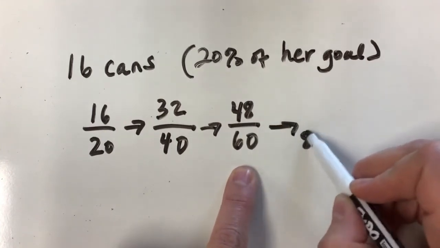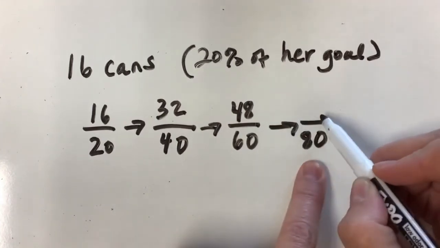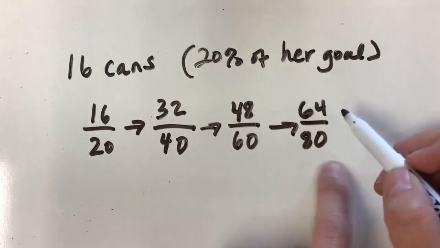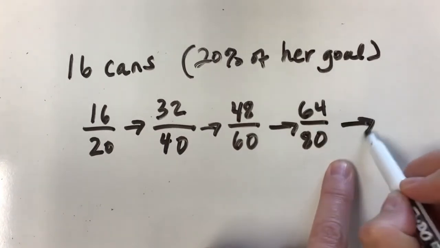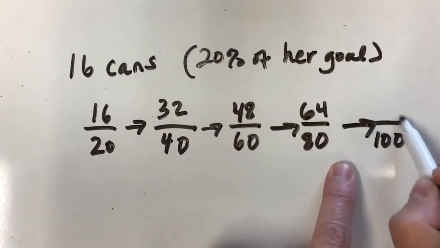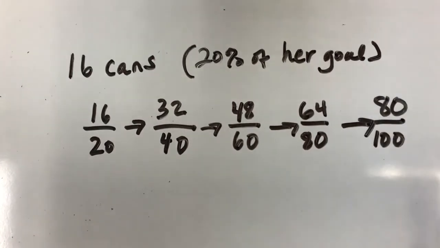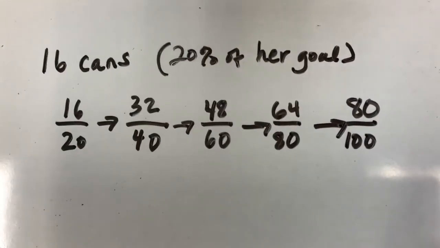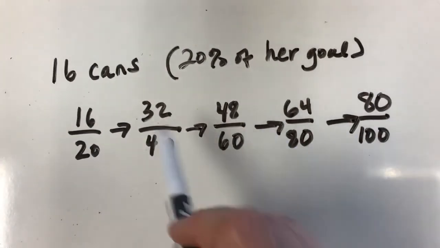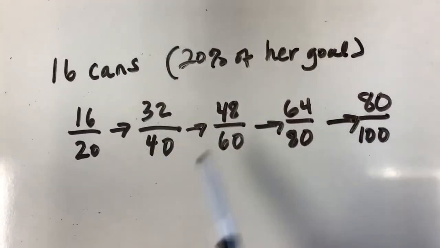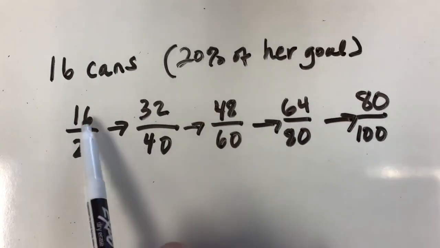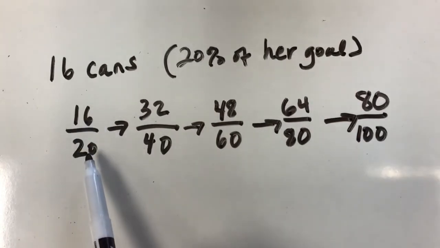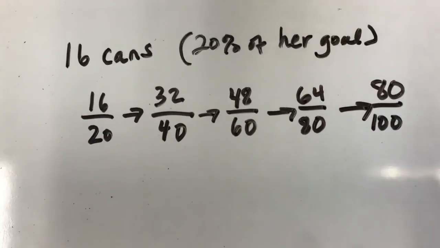And when she's at 80% of her goal, that's going to be 64 cans. And when she gets up to 100% of her goal, that's 80 cans. Cool, huh? This is like those tables they always show us in math, right? When you put a chart and then you fill in the patterns. For every 16 cans, that's 20% of her goal, so you just add it up.